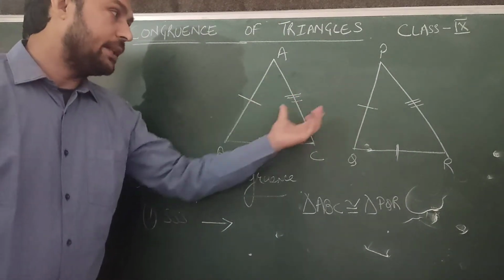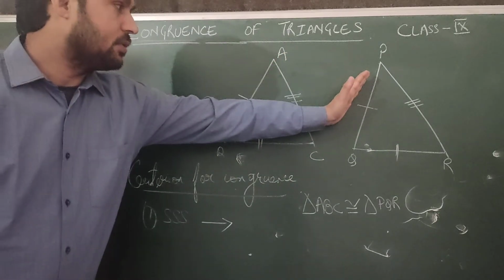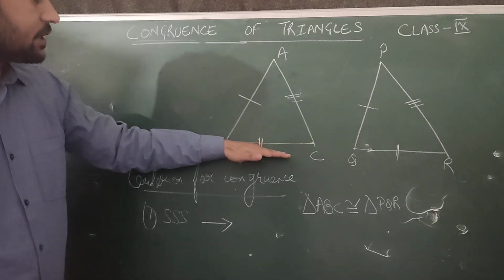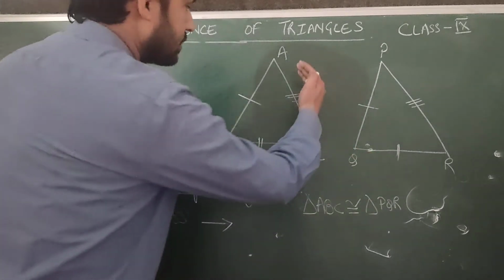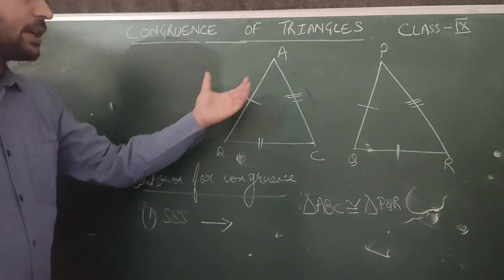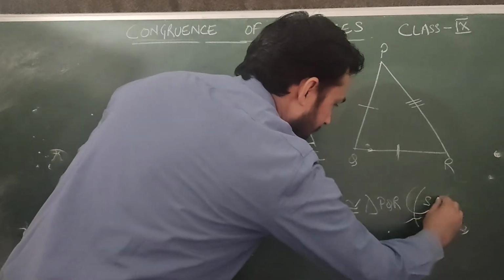We can say the two triangles are congruent or equal. Now why are they equal? Because this side is equal to this, same length, this is equal to this, also same length, and this is also having same length with this one. So because of that, we can say the two triangles are congruent, and we will just write here what condition we have used, SSS.